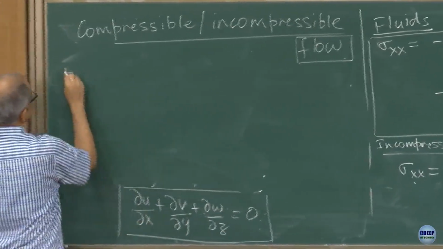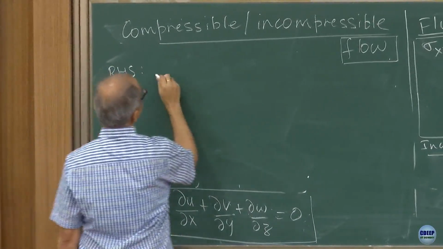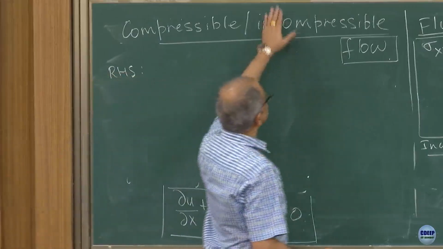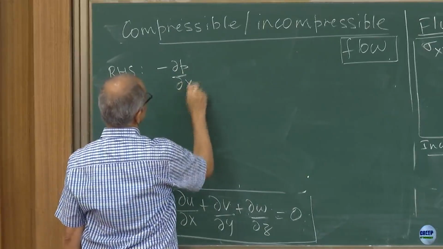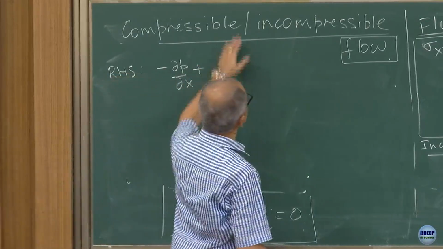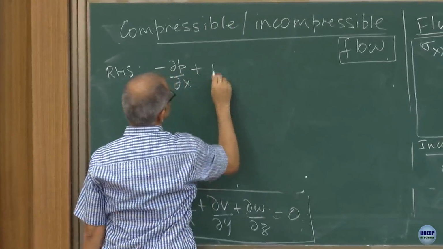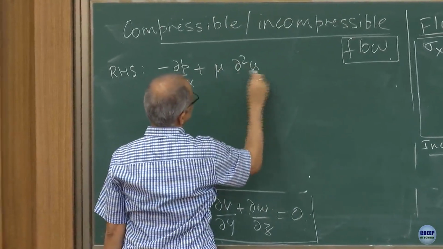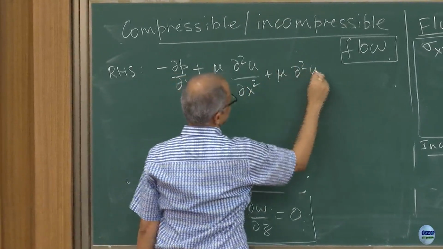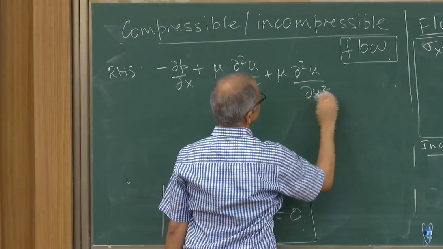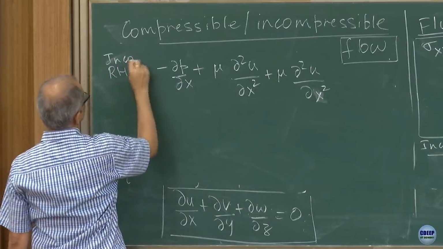And we say that the right hand side is equal to minus dou p by dou x. Now what I'm going to do is take certain terms and divide this term into two terms, mu times dou squared u by dou x squared plus mu times dou squared u by dou y squared again. I'm doing it now for an incompressible flow.